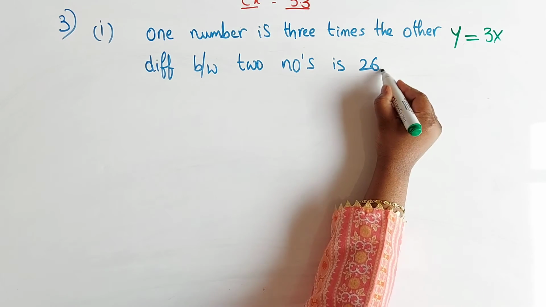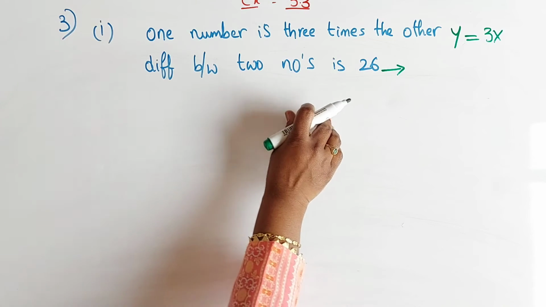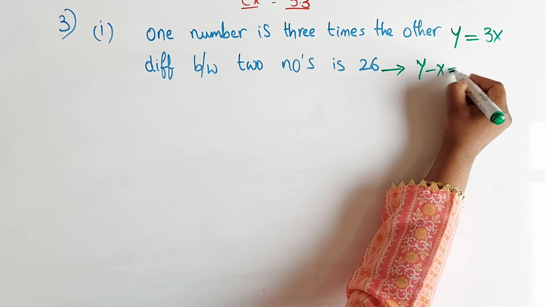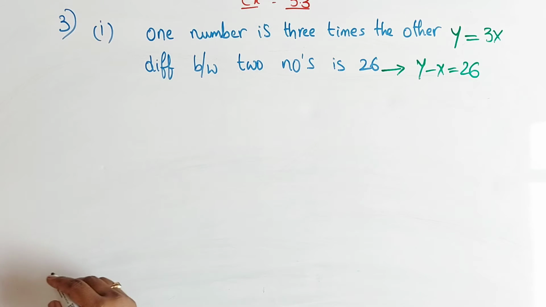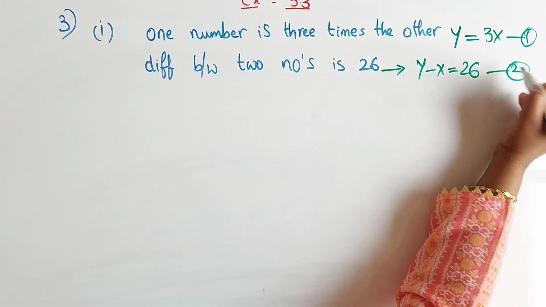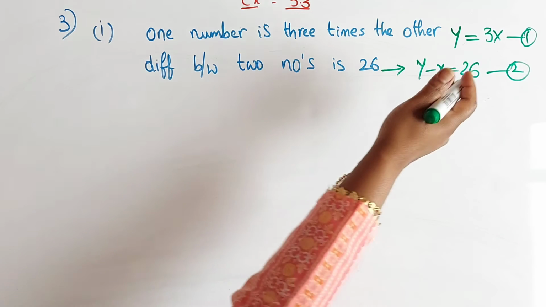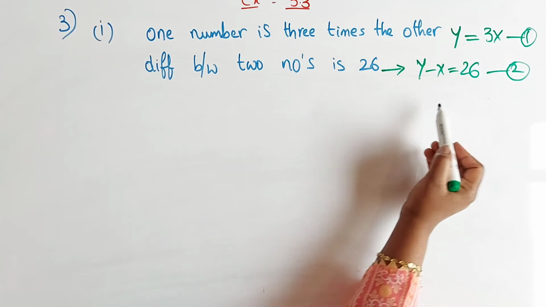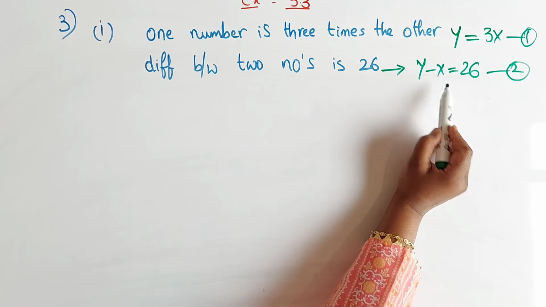Correct, children? Now from the second line we can write the difference of these two numbers: y minus x equal to 26. Right, children? This is equation 1 and this is equation 2. Now we have two equations to solve. We know the y value, so let's put this value in the second equation.